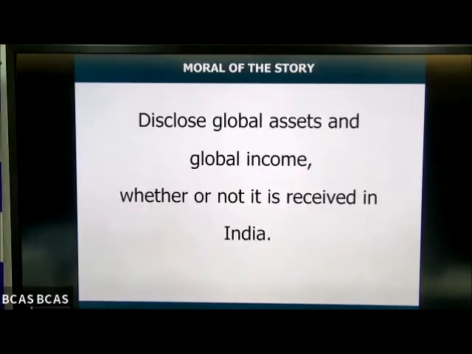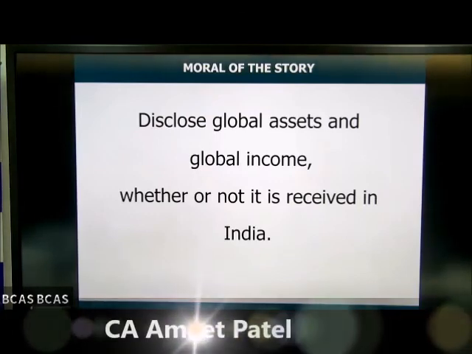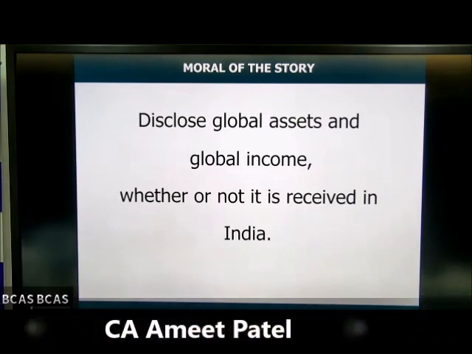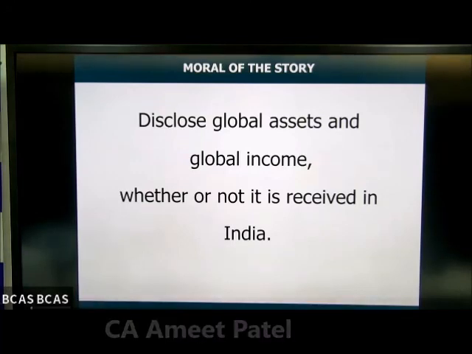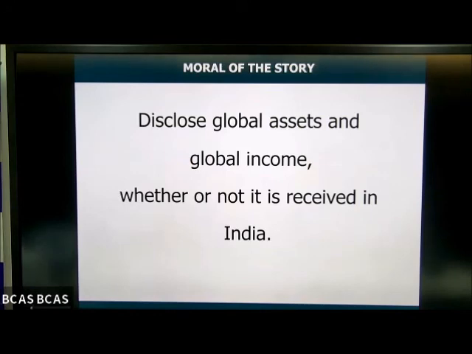So the moral of the story, ladies and gentlemen, is that please disclose your global assets and global income, whether or not the income is received in India, in your Indian income tax return, if you are a resident and ordinarily resident in India. If you are a non-resident or not ordinarily resident, then you don't need to worry as far as the foreign assets and foreign income are concerned.